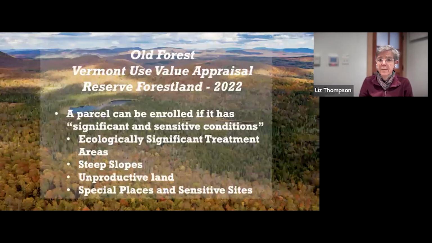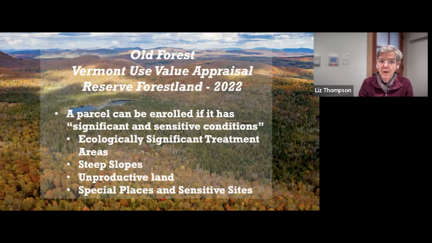Then in 2022, to help get some of these ideas moving forward, the Use Value Appraisal program was revised so that one can enroll part of one's property in a new category called reserve forest land. A parcel you own can be enrolled in this category if it has significant and sensitive conditions, like ecologically significant treatment areas, which is a term in the UVA, use value appraisal or current use language.